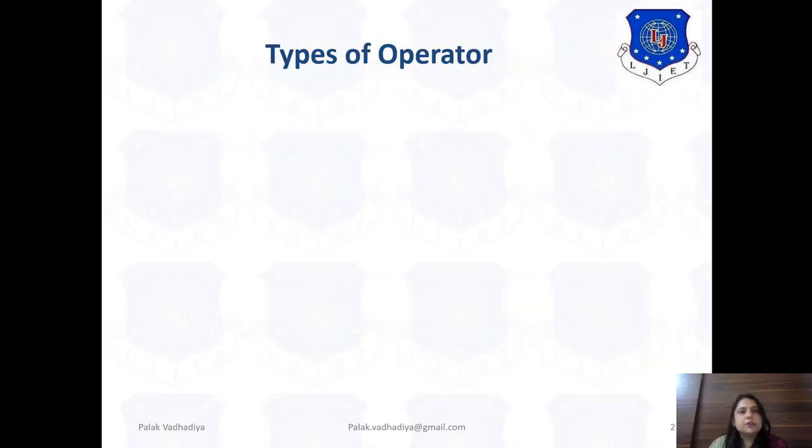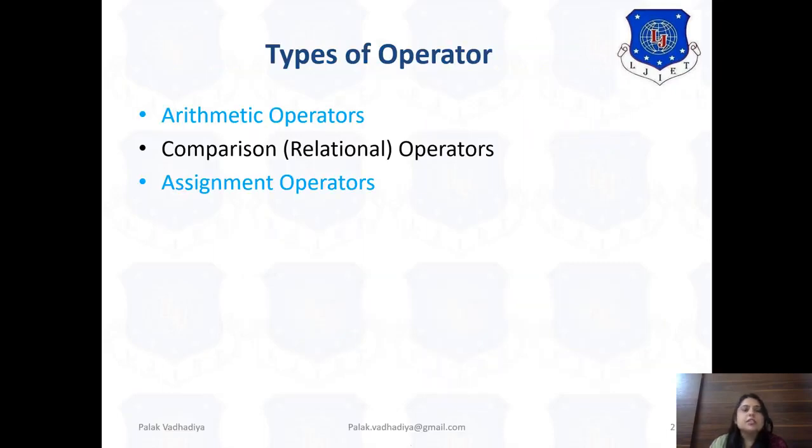So first, types of operator. In a previous video, we have discussed three types of operator: arithmetic operators, comparison operators and assignment operators. In arithmetic operators, we consider plus, minus, multiplication, division, float division, etc. In comparison operators, we consider greater than, less than, greater than or equal to, less than or equal to.